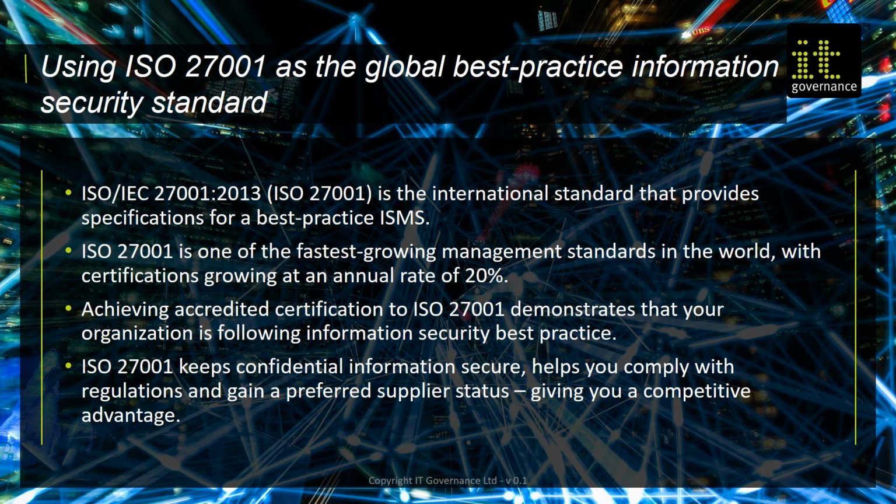So ISO 27001, an accredited certification, in other words, certification carried out by a certification body that is constituted within the framework of a national accreditation body, is the most effective and most widely recognized way in which to go about getting your management system recognized.